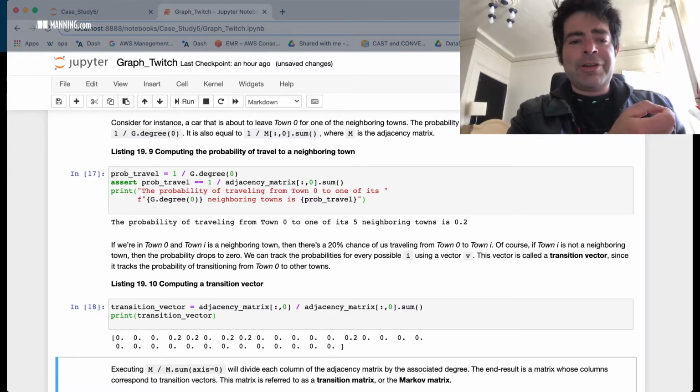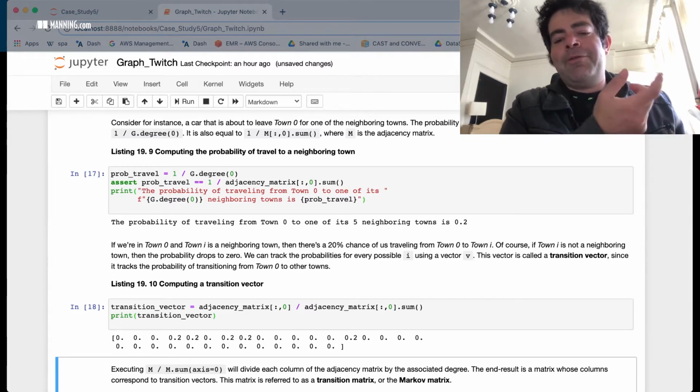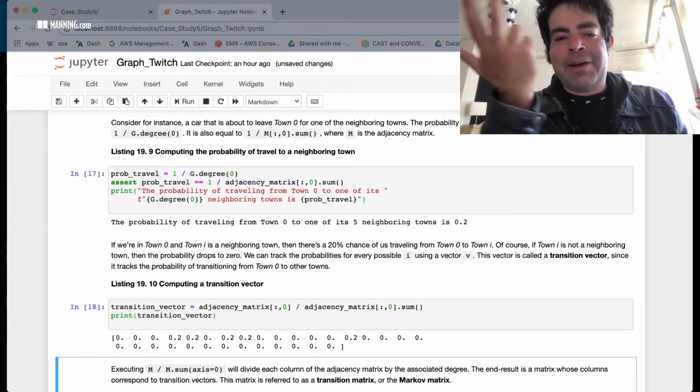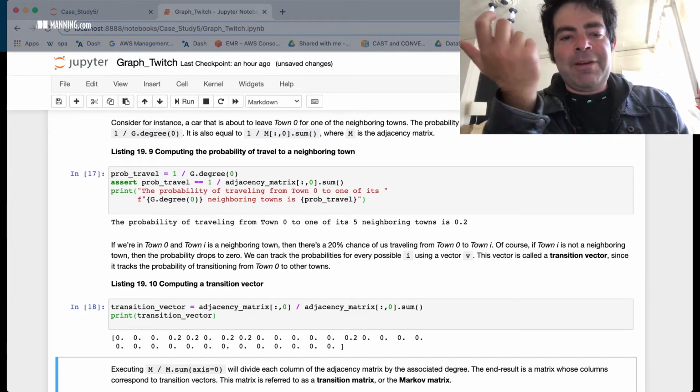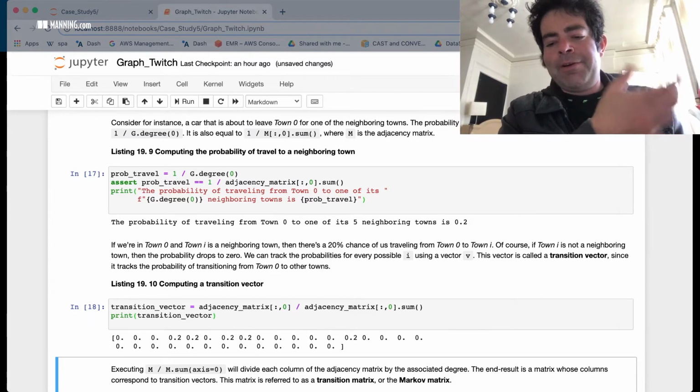So looking at this transition vector, which represents town 0, we see that element 1 of that vector is 0, which means that the probability of traveling from town 0 to town 1 directly is 0, because there's no roads between them, not surprising. Whereas the probability of traveling from town 0 to town 3 is 0.2, because a road exists between them.